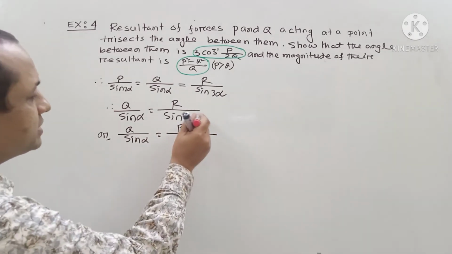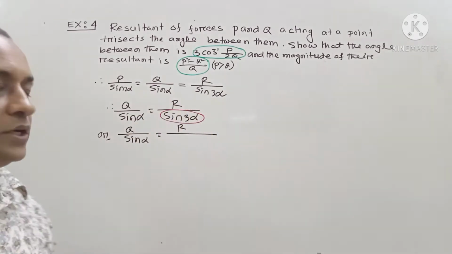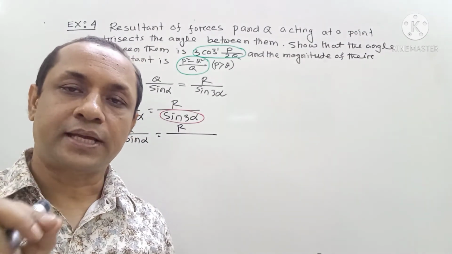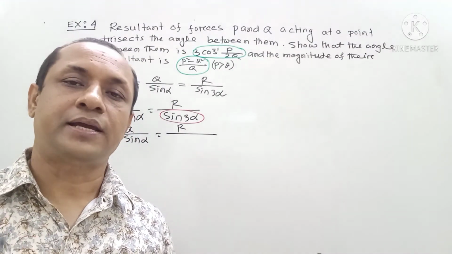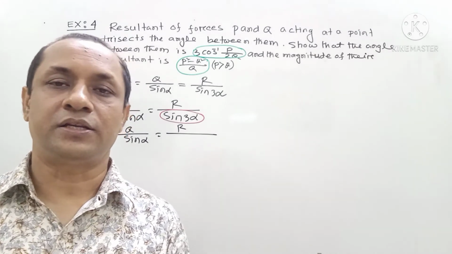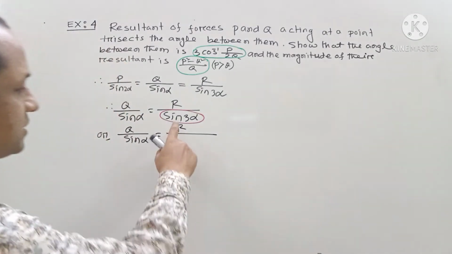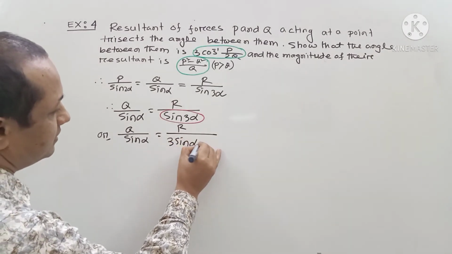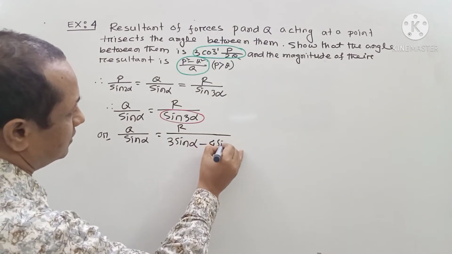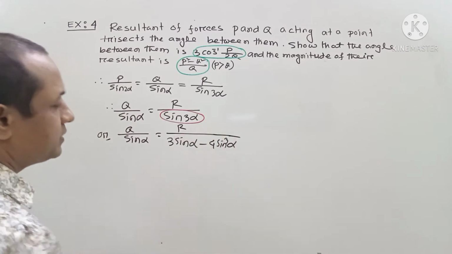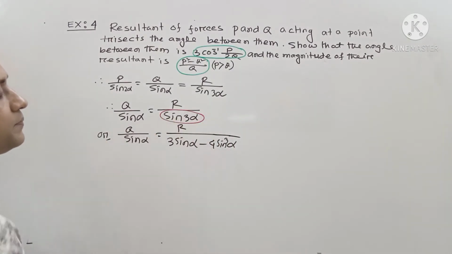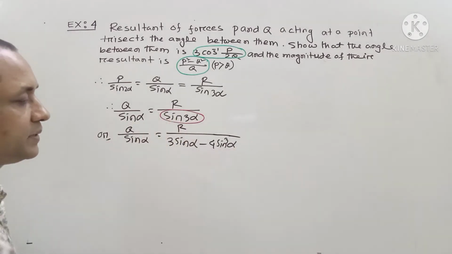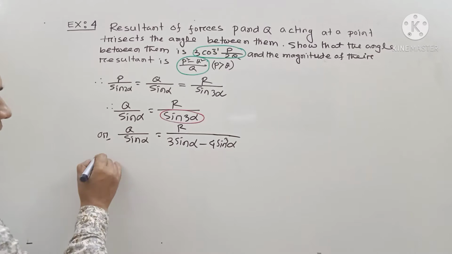Student, here using the trigonometric formula you have learned, sine 3 alpha equals 3 sine alpha minus 4 sine cube alpha.